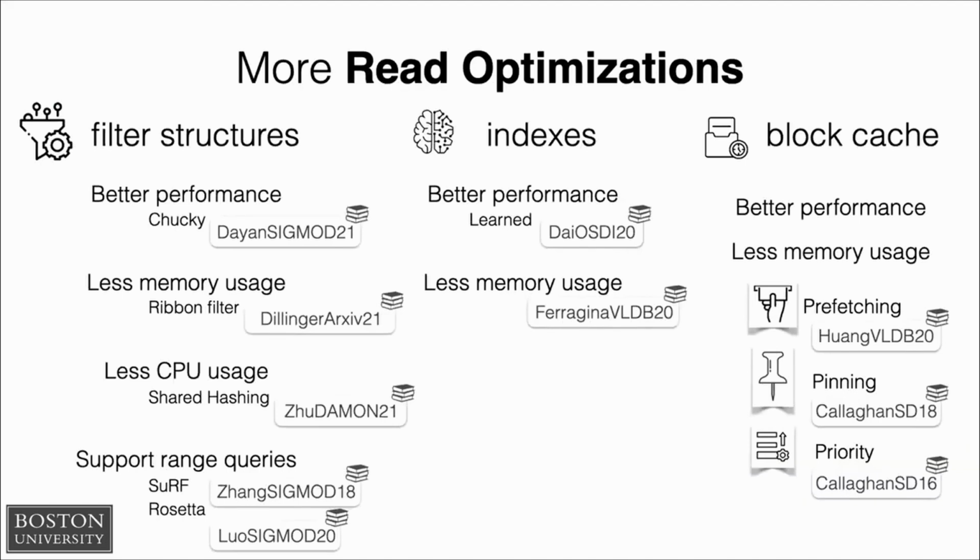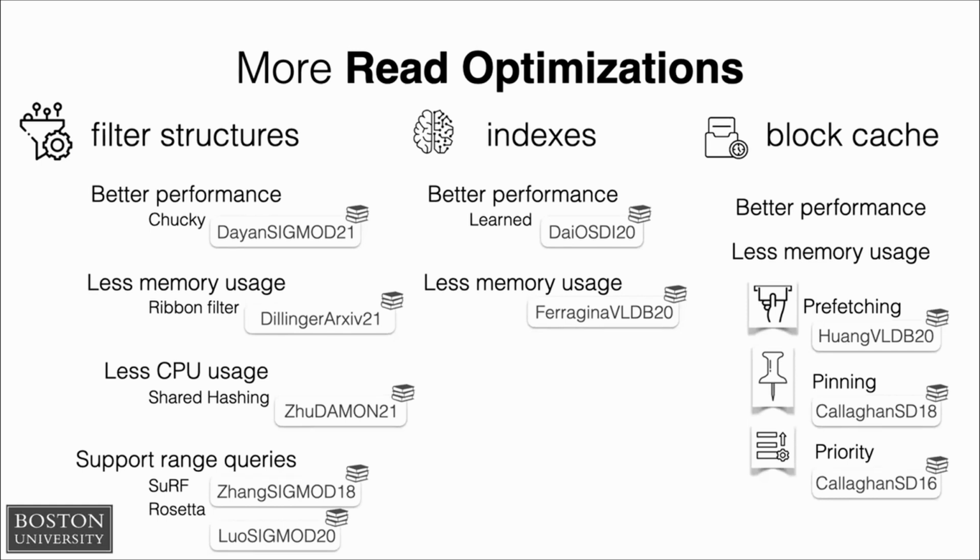So there are a lot more optimizations on LSM-trees. I list several of them here, and I'll quickly touch upon them. When we're talking about read performance, we can work on making the trees simply faster. For example, using cuckoo filters, which have been shown to be faster than Bloom filters in some setups.